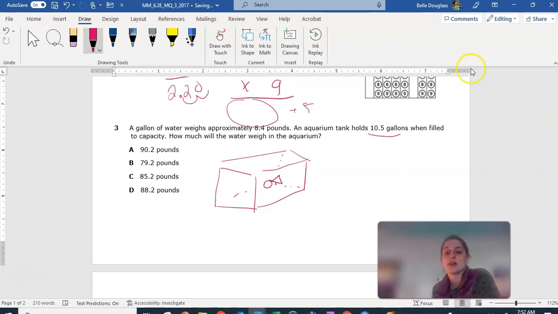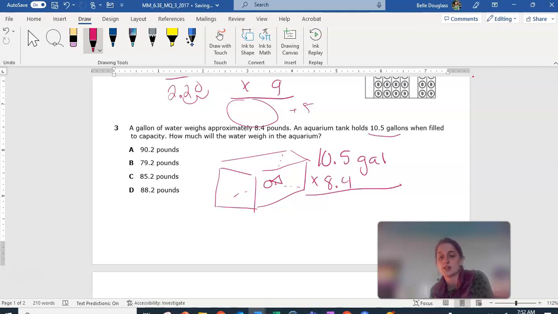Okay, so if there are 10.5 gallons times 8.4 pounds per gallon, that's going to give you an answer in pounds. It just so happens that my decimals stack here. It is not required of a decimal multiplication problem.